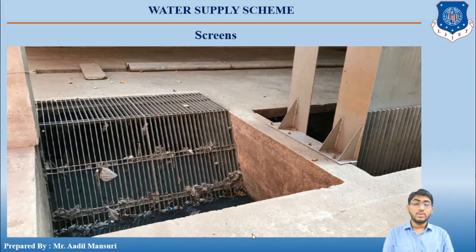The coarse screens first remove the bigger floating particles, and the fine screens remove the fine suspended solids. So there are a total of two types of screens, that is coarse screens and fine screens. Clear, students? Now, the fine screens normally get clogged and hence need to be cleaned frequently.